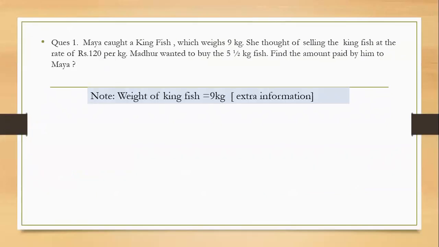Question 1. Maya caught a kingfish which weighs 9 kg. She thought of selling the kingfish at the rate of rupees 120 per kg. Madhur wanted to buy the fish of 5.5 kg weight. Find the amount paid by him to Maya.